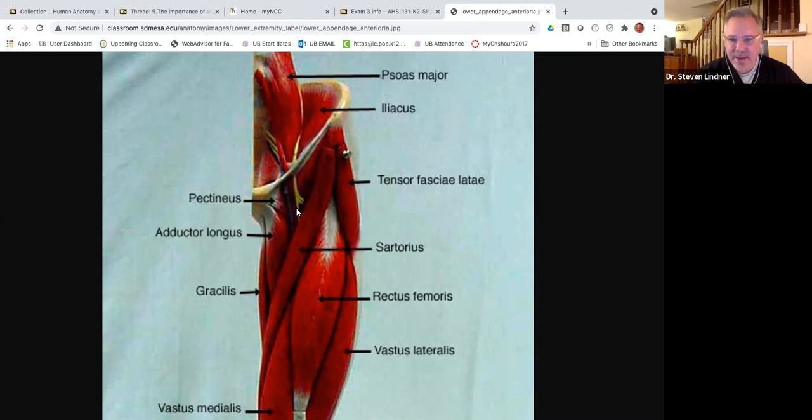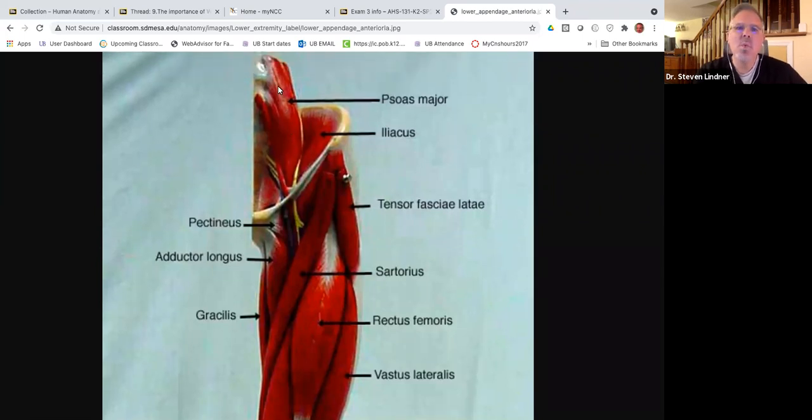They go down and they insert onto the femur, onto the lesser trochanter. Remember, on the humerus, there's a greater and lesser tubercle, but on the femur, there's a greater and lesser trochanter. The psoas major and iliacus are two separate muscles, but they blend in together deep to the inguinal ligament.